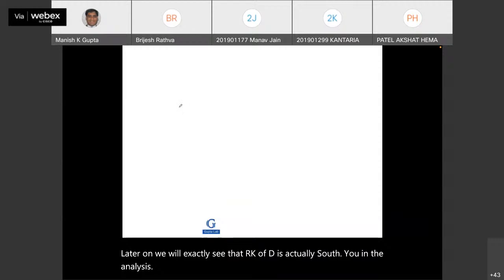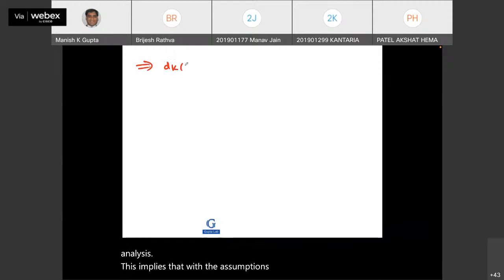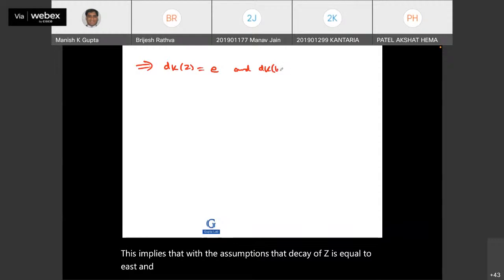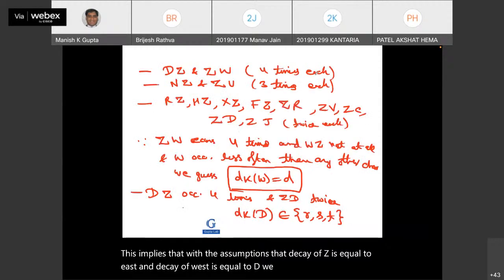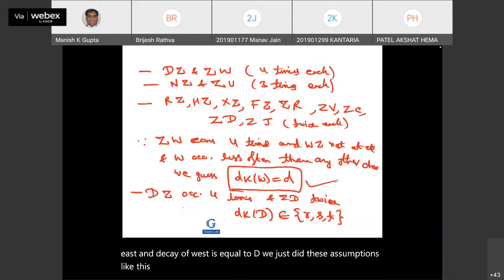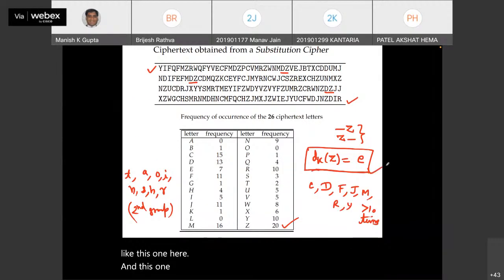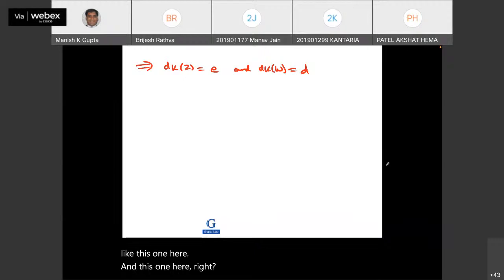Okay, this implies that with the assumptions that dk of Z is equal to E and dk of W is equal to D, we just made these assumptions. Keeping these assumptions in mind, we look at the ciphertext again and notice that ZRW occurs near the beginning.